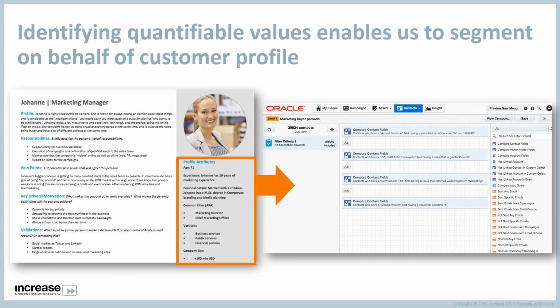So when you have your persona here, Johanna, and you want to make sure that the content you wrote is accessible for her, you can, as we just saw, link the content to Eloqua, and in this case you have linked your persona to a segment in Eloqua.